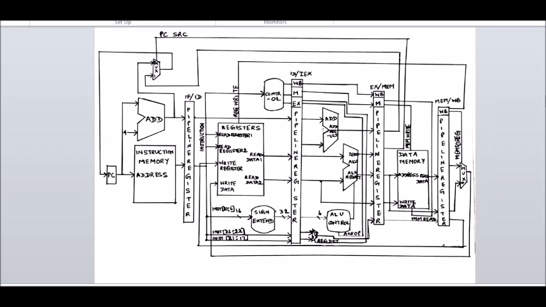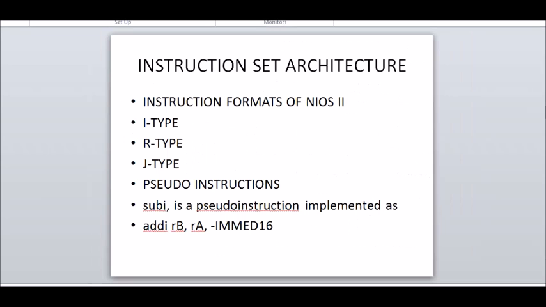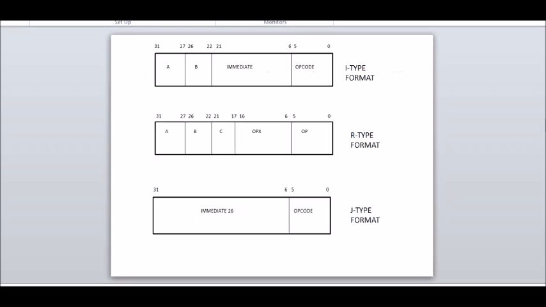Before we see in detail the hardware design, we shall see the instructions in a NIOS2 processor. There are 3 types of instruction formats: I-type, R-type, and J-type instructions. This slide shows what the I-type, R-type, and J-type instruction is.